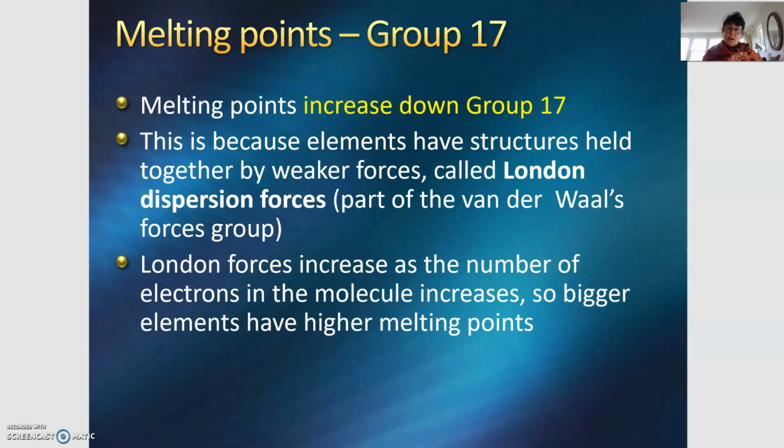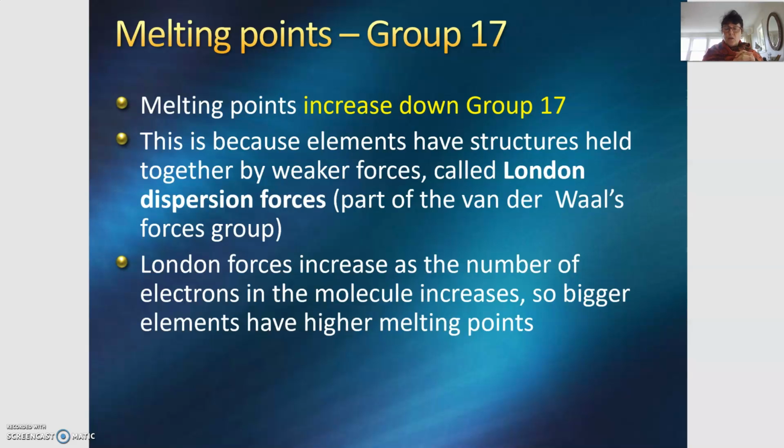It's unlikely that all of the electrons are going to be completely evenly spaced. So these tiny temporary dipoles occur in the cloud of atoms, and one temporary dipole will attract another temporary dipole of opposite polarity, and it holds the whole substance together.